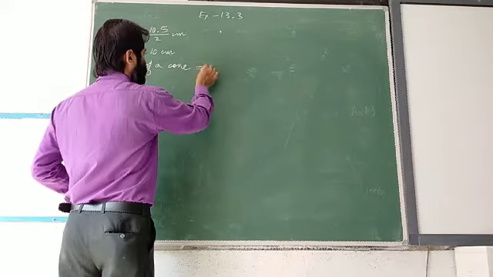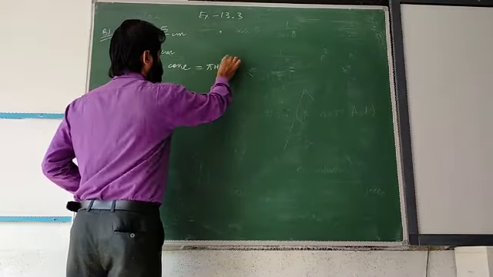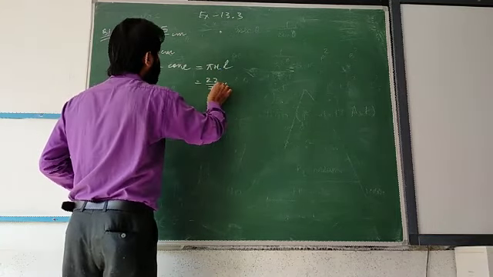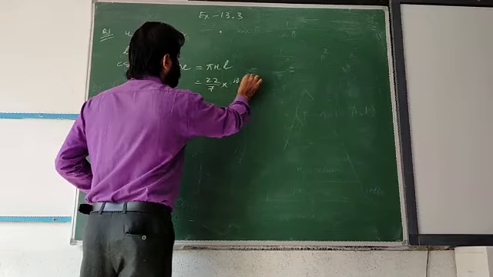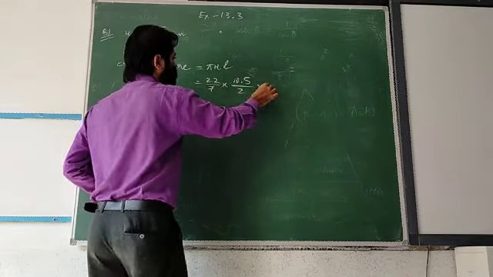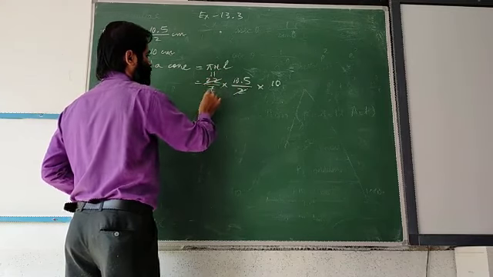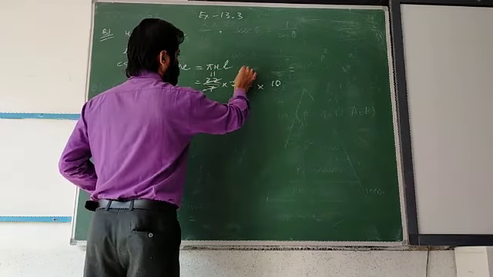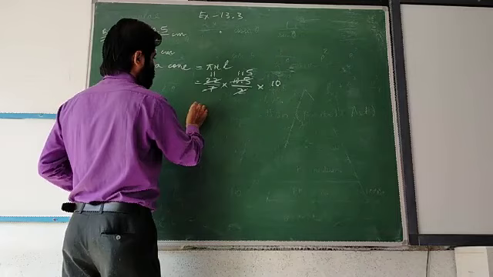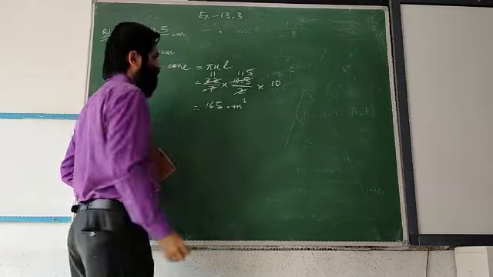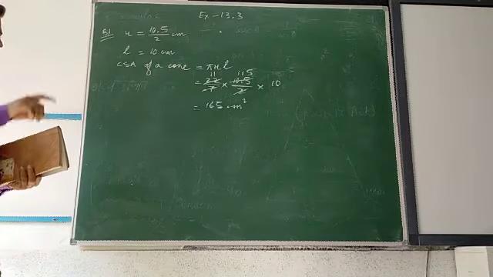Pi is 22 by 7, R is 10.5 by 2, L is 10. This 2 can be cancelled, and 7 can be cancelled. So we get 165 centimeters square. When you multiply this, you will get 165.